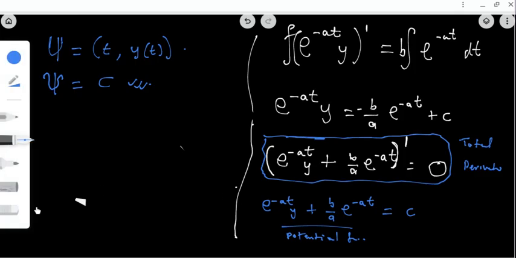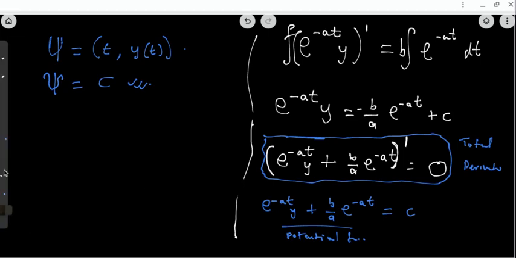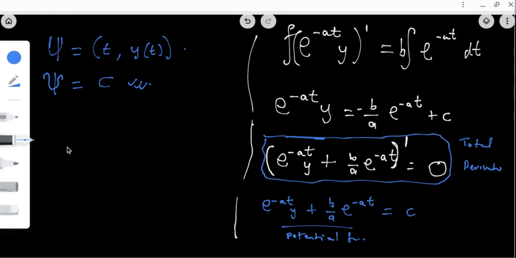Alright, so let us now solve. We are now looking for the solution. Let's focus on the potential function here. So let me write it again: e^(-at) y plus b over a e^(-at) should be equal to c.